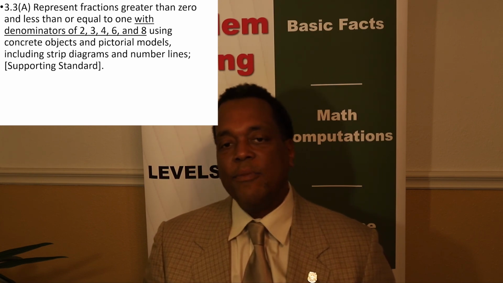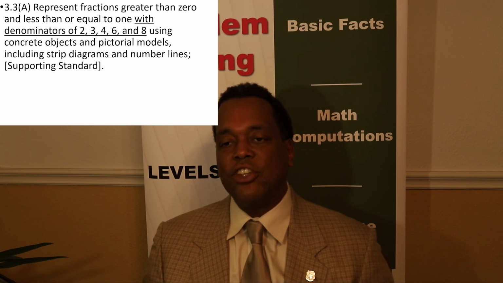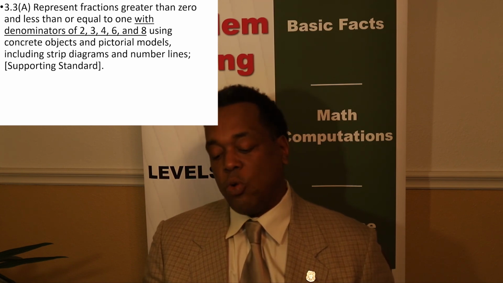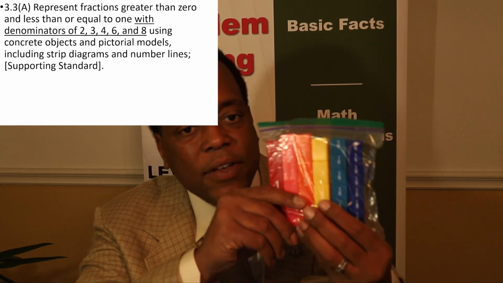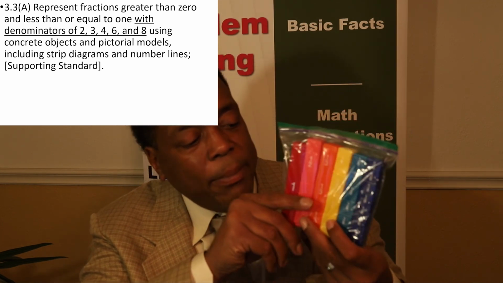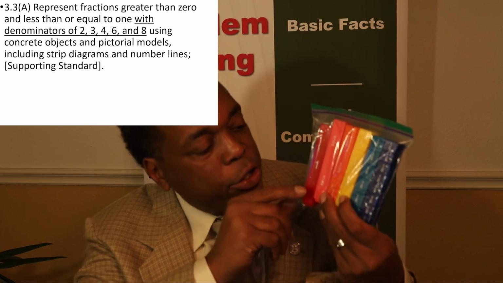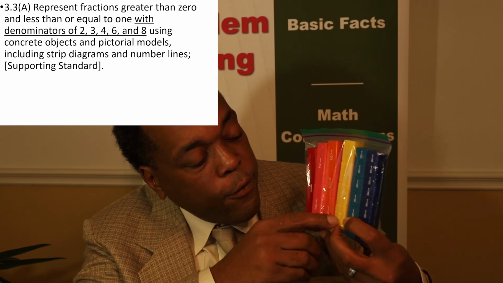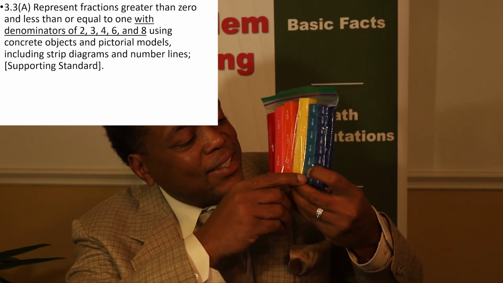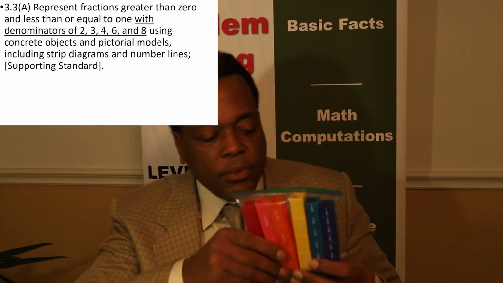I have some fraction cubes, which can also be called fraction strips. If you look at these, I have the denominators that they're talking about: denominators of 2, 3, 4, 6, and 8.